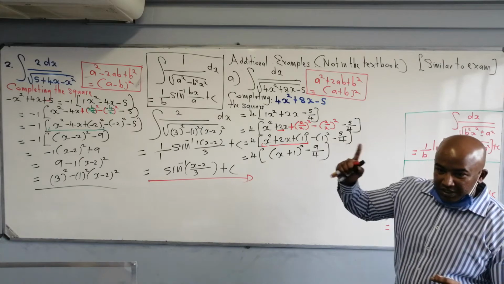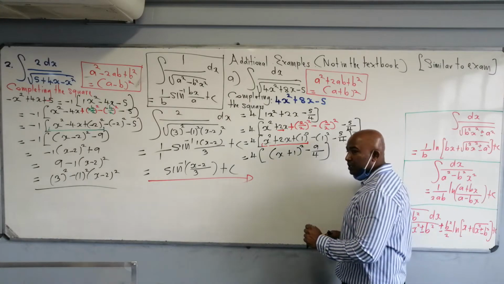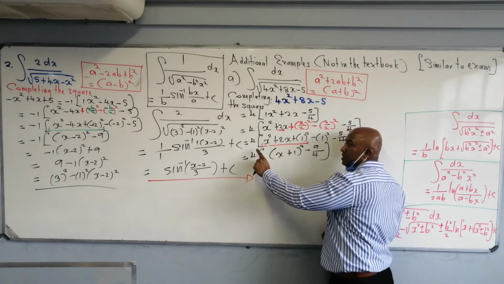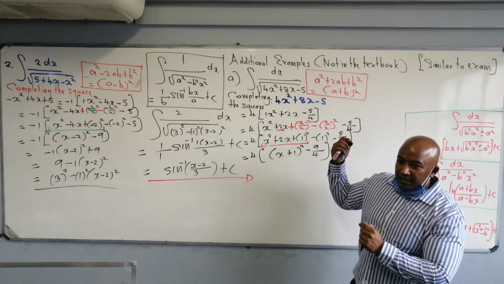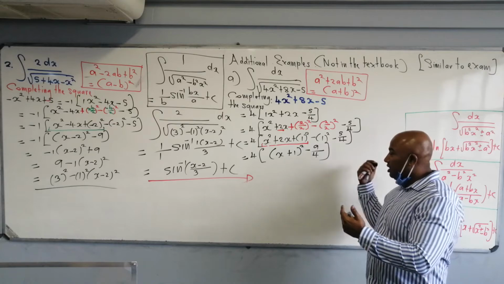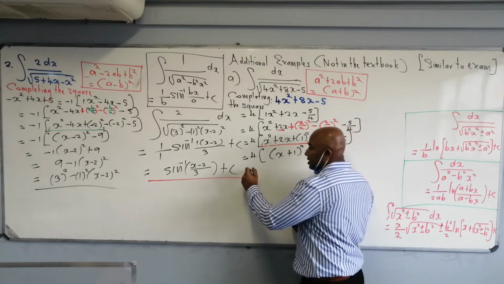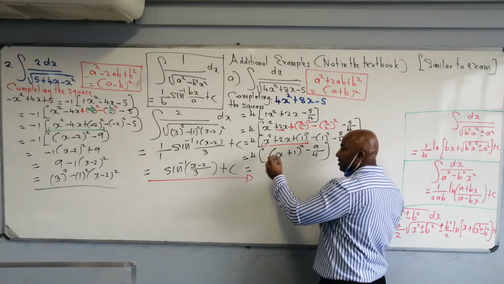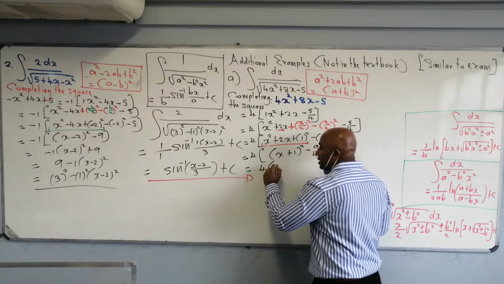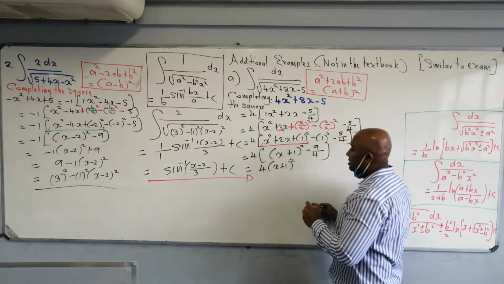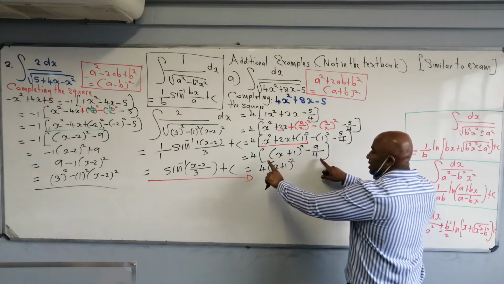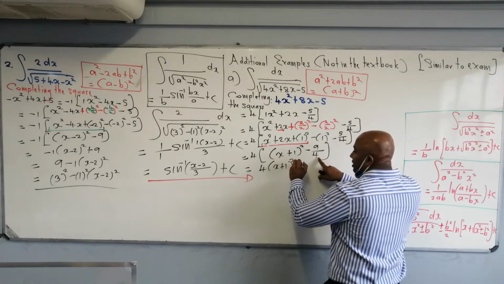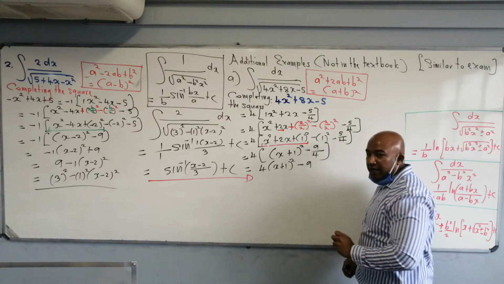I'm going with the option that I showed you yesterday, which is if you take out a common factor, then you must multiply it back inside and then check the formula which one you are using. So this is going to be 4 times term 1, which is 4 times x plus 1 all squared, and then 4 times term 2. I can see that 4 and 4 will cancel, so I end up with minus 9.